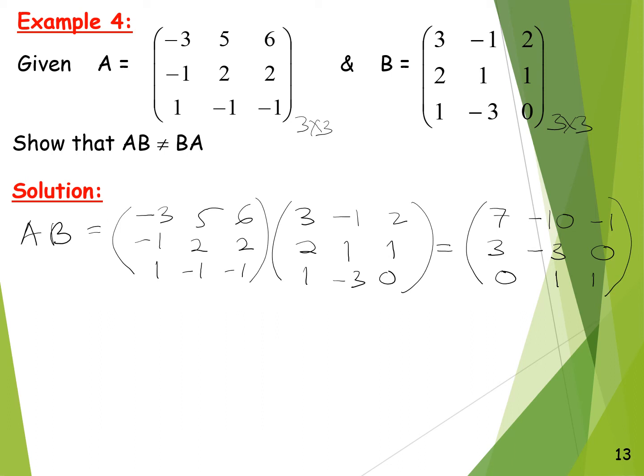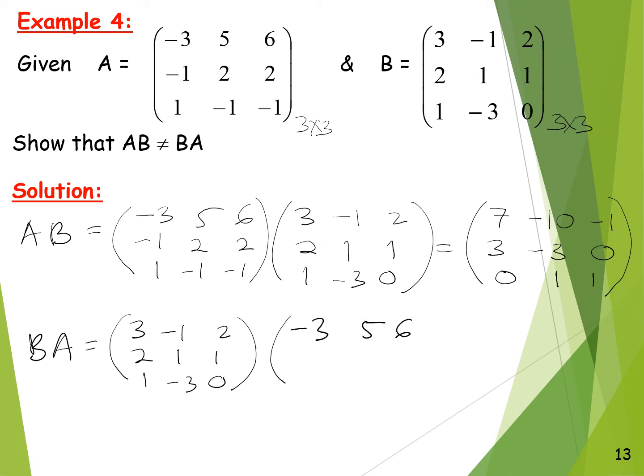And then we can find the product of BA. So we'll write down the matrix B first: 3, negative 1, 2, 2, 1, 1, 1, negative 3, 0, times the matrix A: negative 3, 5, 6, negative 1, 2, 2, 1, negative 1, negative 1.